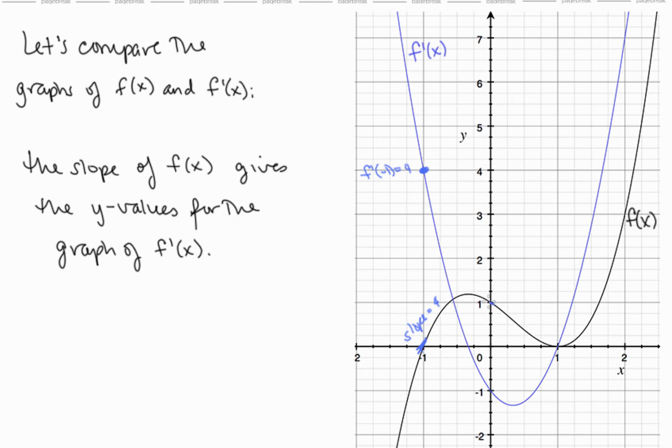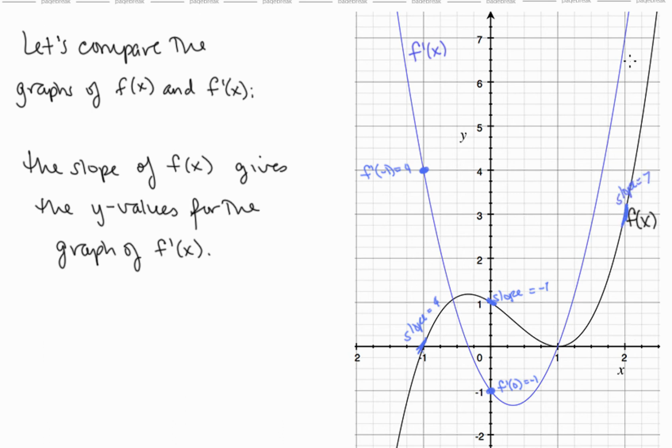Here at x equals 0, we found the slope of the original function to be -1. And on f prime, the y value for x equals 0 is -1. This is saying f prime of 0 is equal to -1. And at x equals 2, for the original function, we found that the slope is equal to 7.